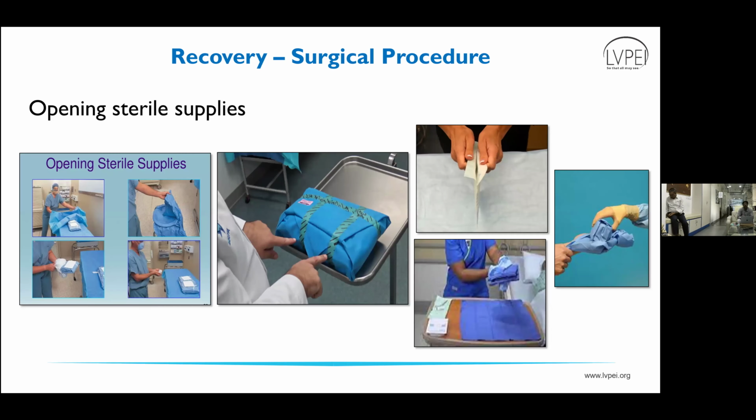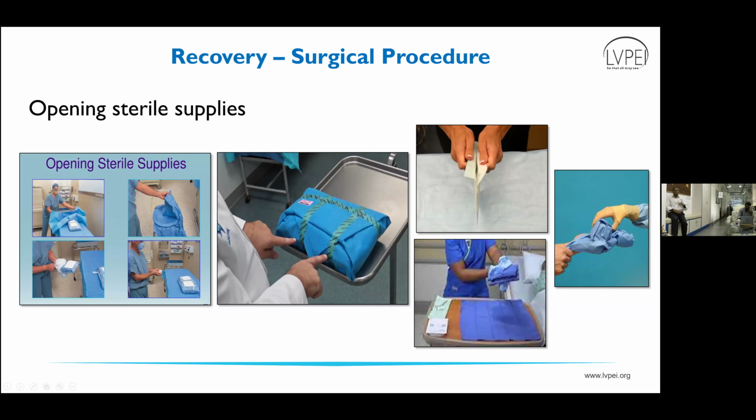After the body draping, we have to open the sterile supplies. You all must be aware of how the sterile supplies should be opened. All the peel packs should be held at the corners and opened up. If there is any sterile instrument set like this, we have to open it from the other end, where we have folded the cloth inside.